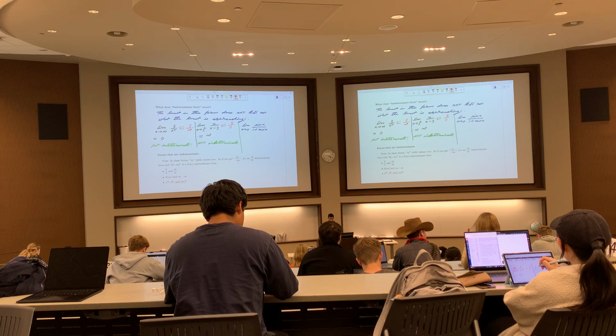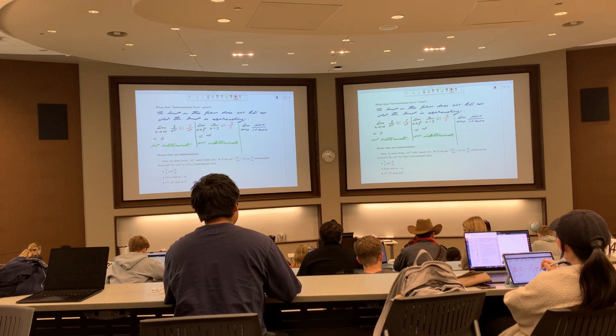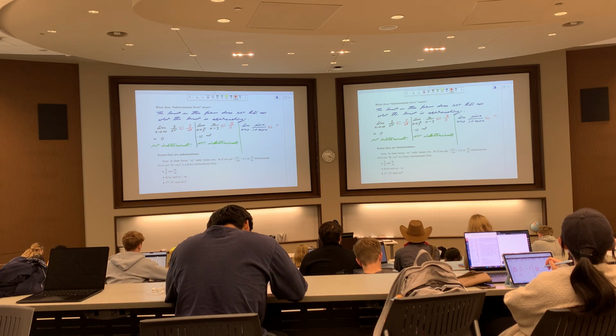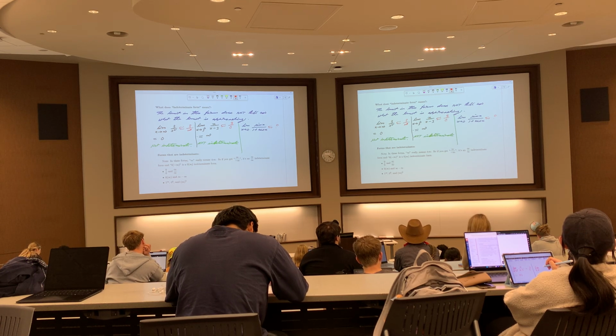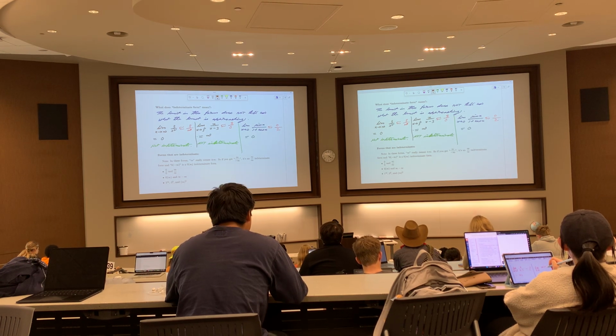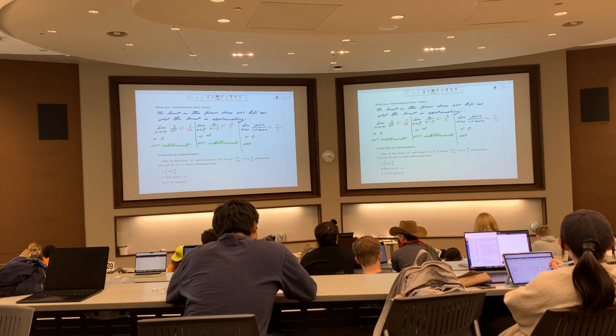Direct substitution gives sine 0 is 0, cos 0 is 1, so we get 2. And we know that 0 over 2 is 0, so not indeterminate.